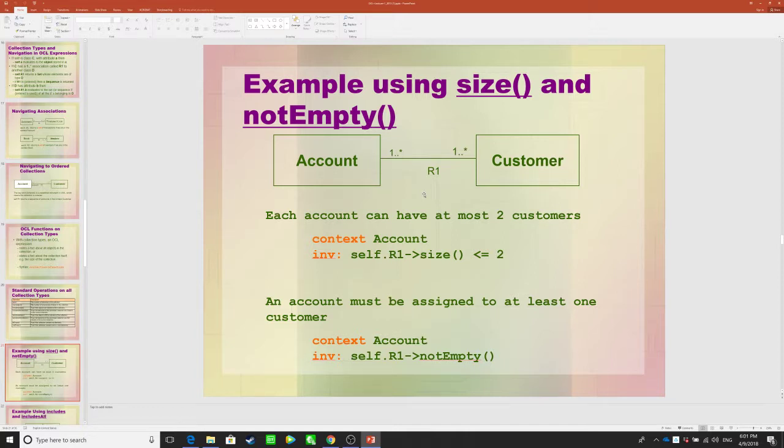First, tell me, when we do self.r1, is it returning an object or a collection?